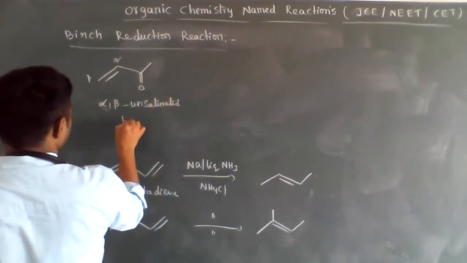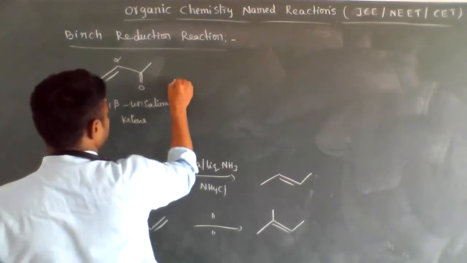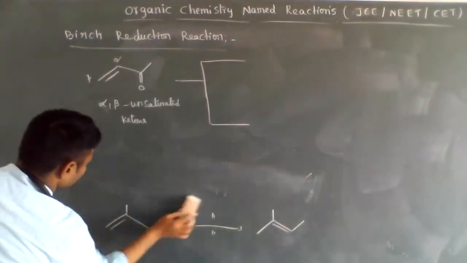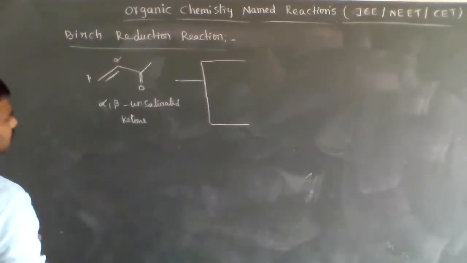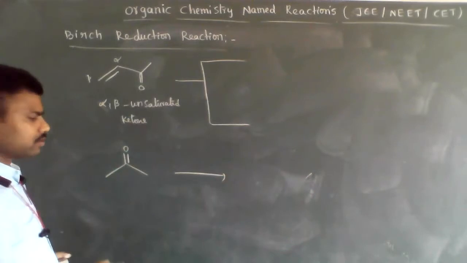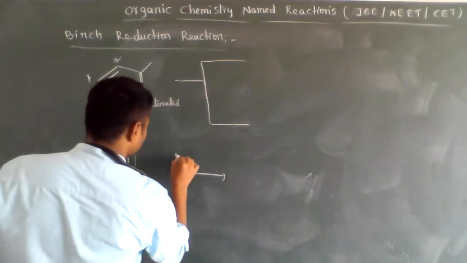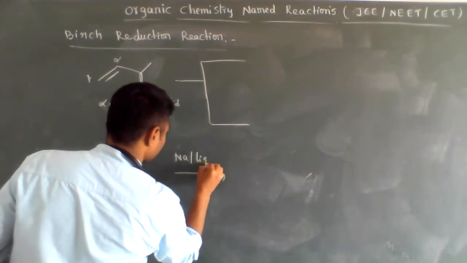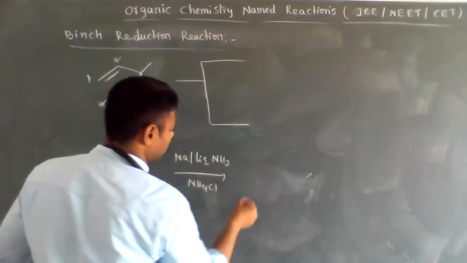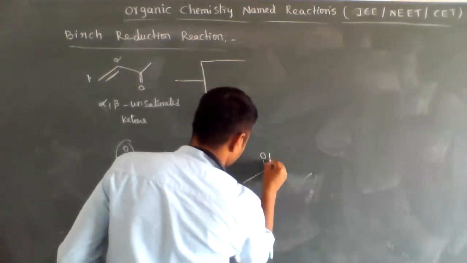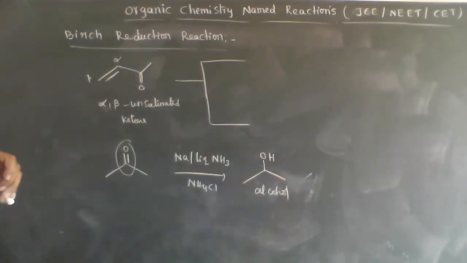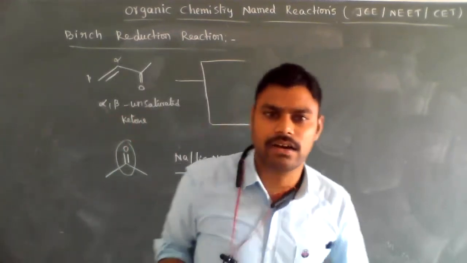Before discussing this application, we need to discuss an important point. It reduces carbonyl compounds, the C=O group, into alcohols. If aldehydes are present, primary alcohols; if ketones are present, secondary alcohols.